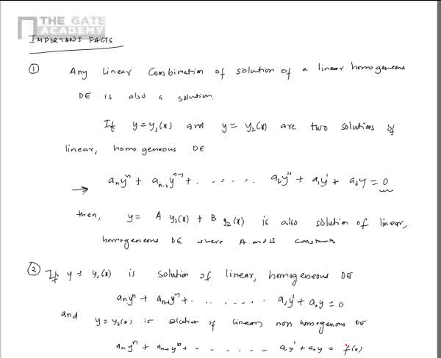What it says is, if y1(x) is a solution of the linear homogeneous differential equation and y2(x) is a solution of a similar linear non-homogeneous differential equation, only the right hand term being different, then y = y1(x) plus y2(x) is also a solution of the same linear non-homogeneous differential equation.